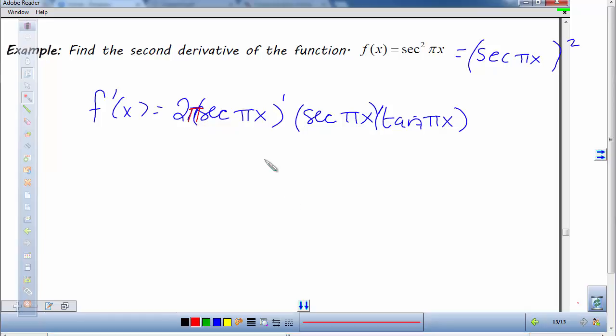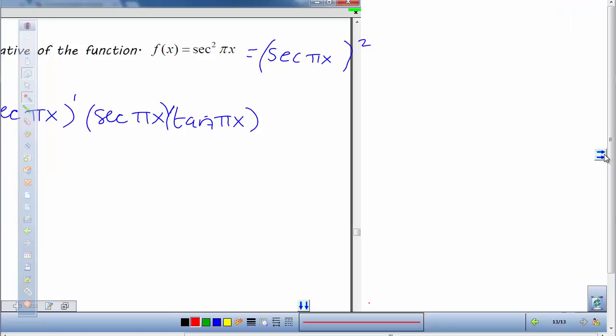Okay, so this puts us in a pretty good spot. We can combine them. Now, what were you saying? Aren't they married, the first one? They are married. I'm so glad he said that. This right here is another way to write this. This is equal to secant pi x times secant pi x.